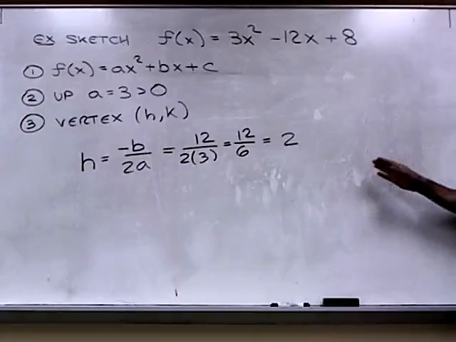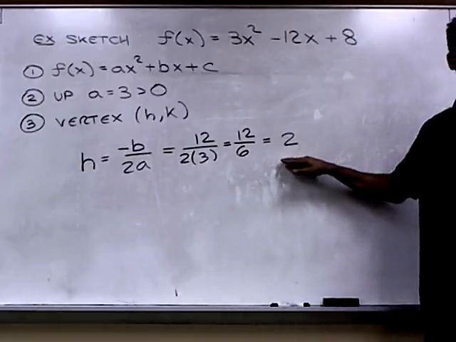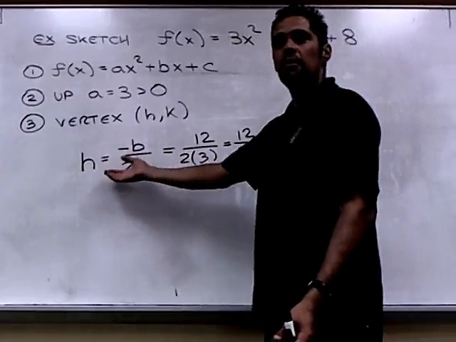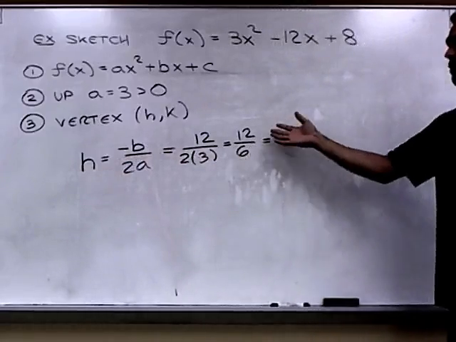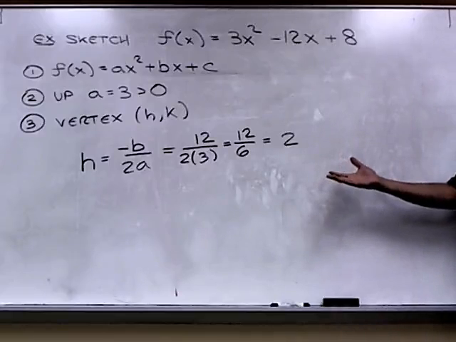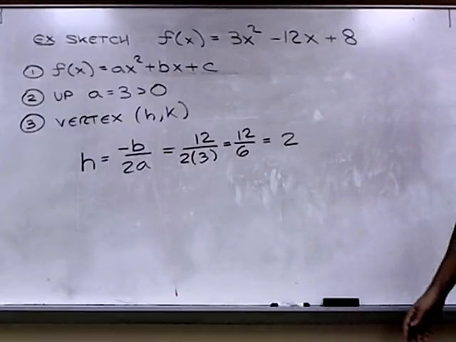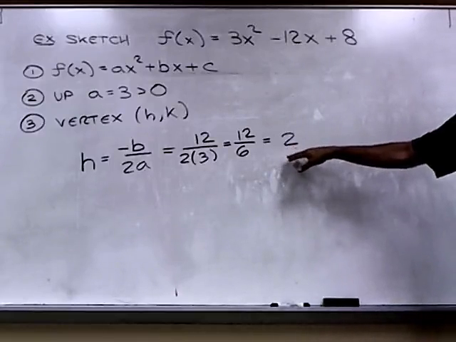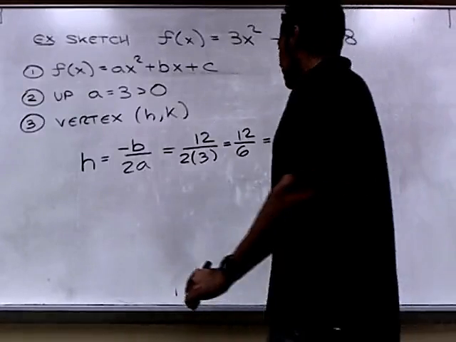Notice how that turned out to be a nice number, too? Not every quadratic function will have a nice number for the h. Sometimes this will be a fraction. It'll be a decimal sometimes. I'm going to promise you that on the test, I'll keep the numbers nice, okay? Nice integers.